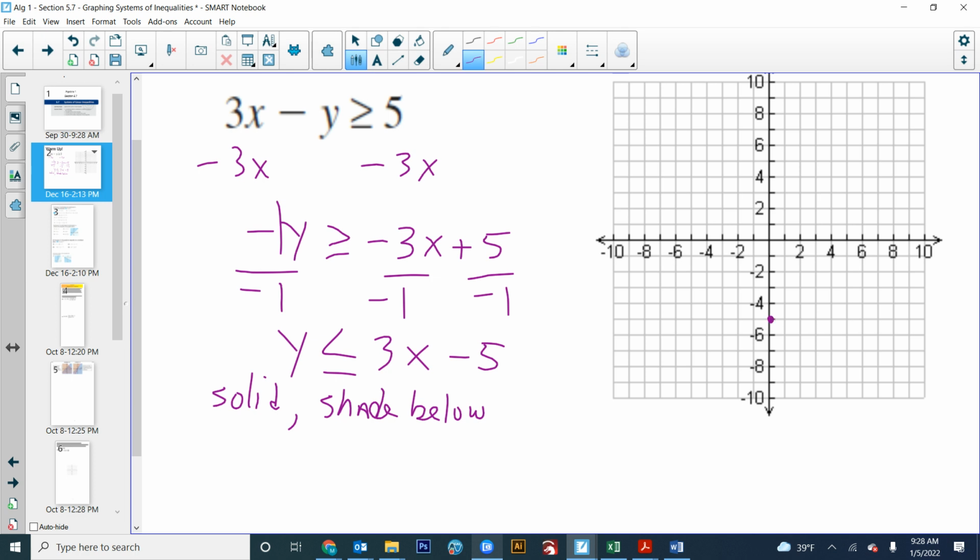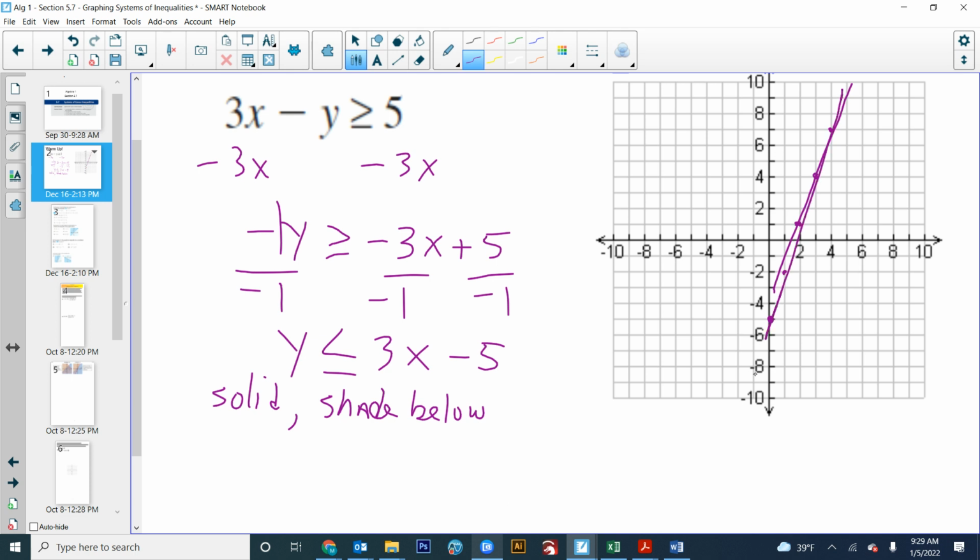Nice job. And then instead this is 0, up 3 right here. Okay. Now, what kind of line is this? Make a solid line. Guys, shading is really the whole thing.